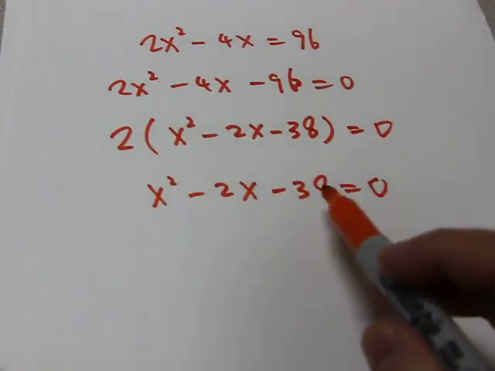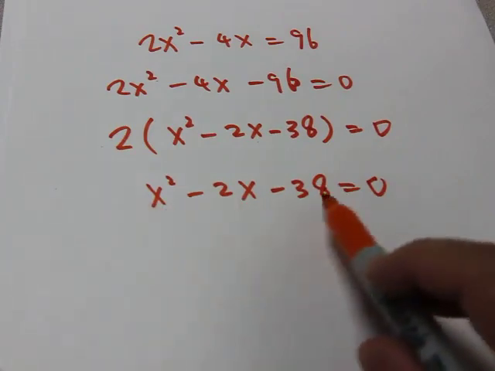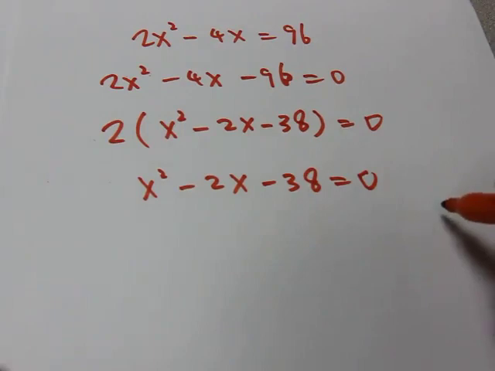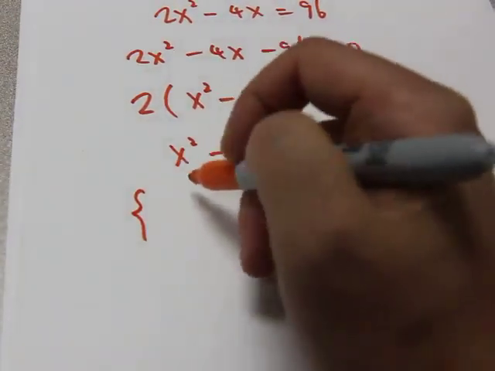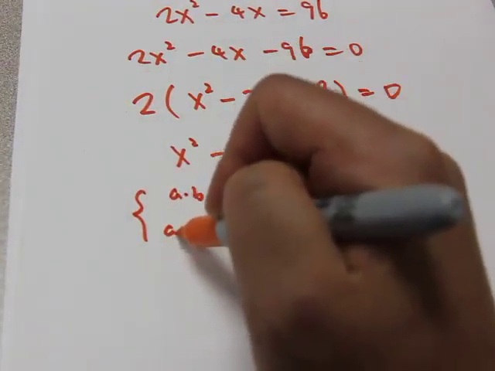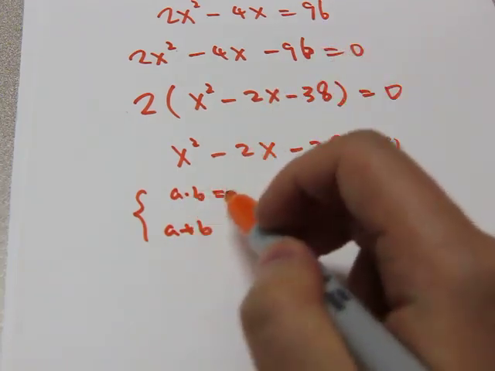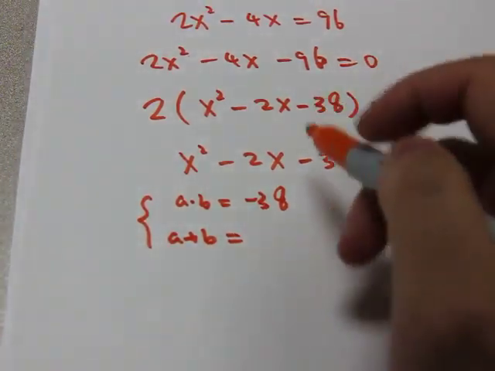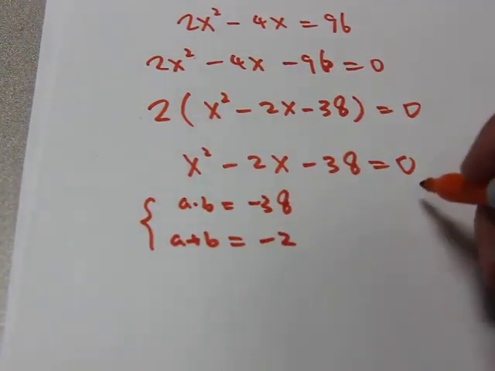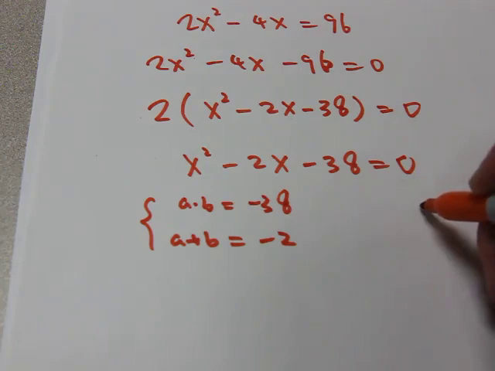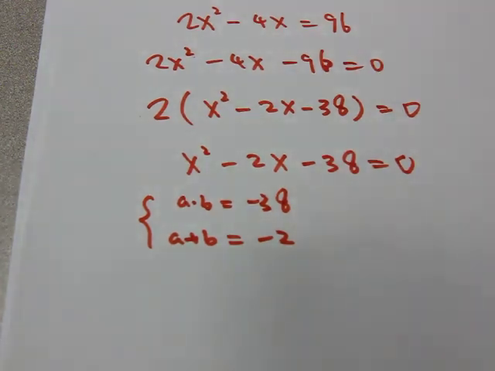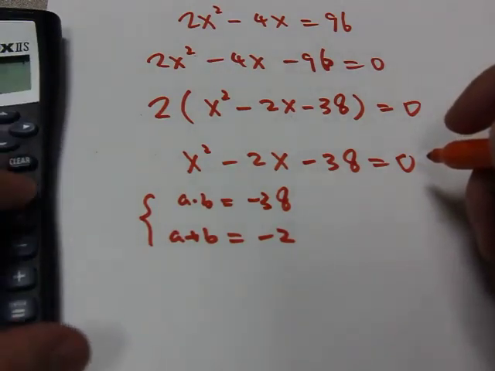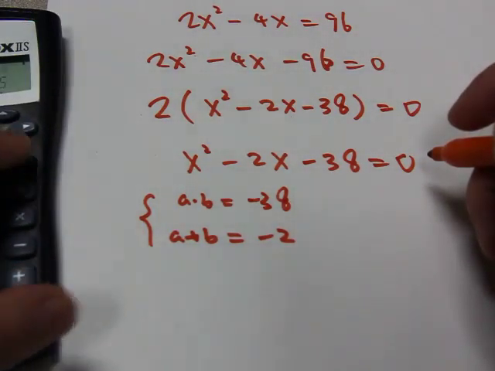Now let's think about whether we can factor this trinomial on the left-hand side. Here we're looking for two numbers such that the product of them is negative 48 and the sum of them is negative 2. Let's consider.